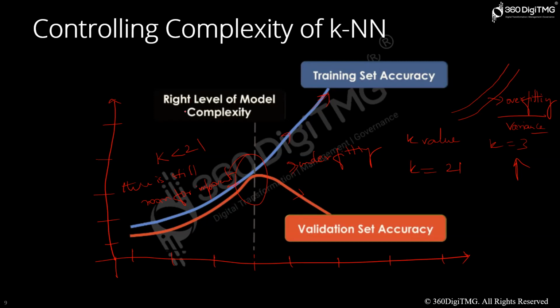So this is how you control the complexity of KNN. The point where the curve increases and decreases is called the right level of model complexity.